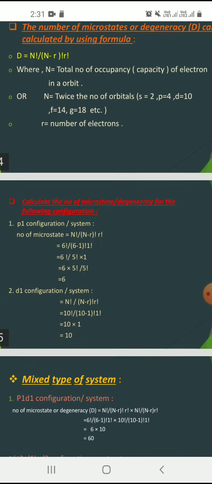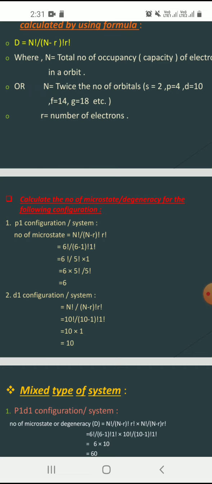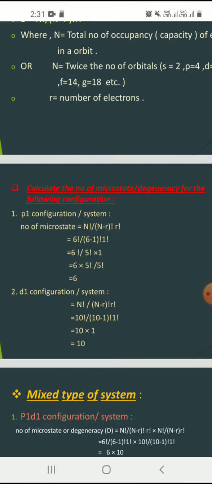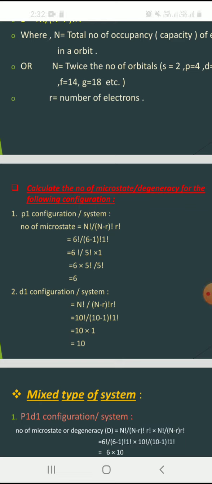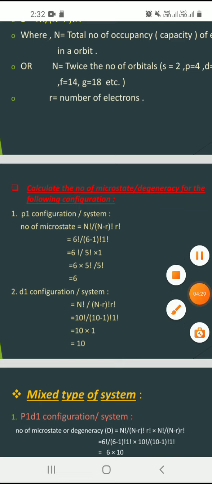Now we will calculate the microstates for different systems. Calculate the number of microstates or degeneracy for the following configurations. For the p1 configuration, we know the number of microstates is equal to capital N factorial divided by (N minus r) whole factorial into r factorial. In this p1 system, capital N is nothing but 6.